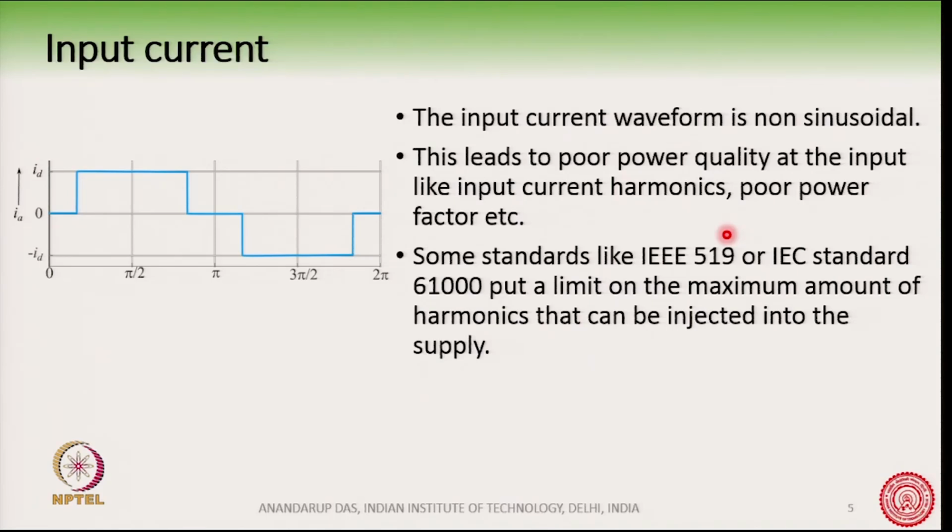Which will lead to an overall deterioration of the input supply voltage quality, which can be supplied to other loads. So, it can cause flicker, it can cause unwanted disturbances to other loads, etc. There are some standards like IEEE 519 or IEC 61000, where the standards say that if you build a converter, there is a limit to the maximum amount of harmonics that this converter can inject into the supply.